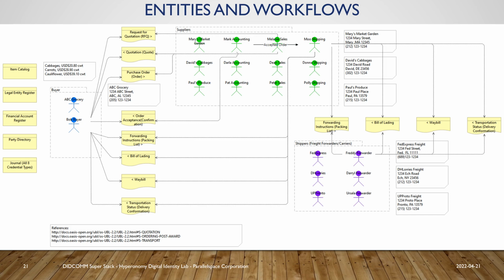We go through a series of interactions between the supplier and the freight forwarder to have a waybill produced. And we have a series of transportation status events or credentials that are returned until we ultimately receive a delivery confirmation. And once we receive confirmation of that delivery, whoever the supplier is will send an invoice for the final amount.